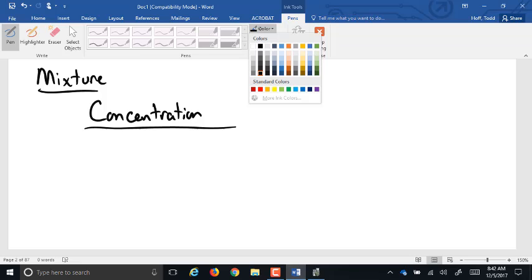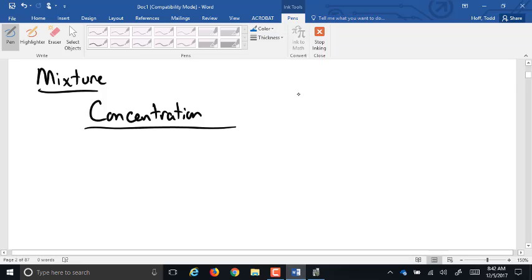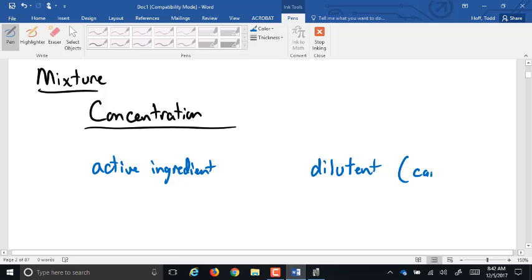Almost every mixture you run into has at least 2 pieces, where one of the pieces is an active ingredient. And the other ingredient, the technical term is a diluent. It's basically a carrier, a filler.